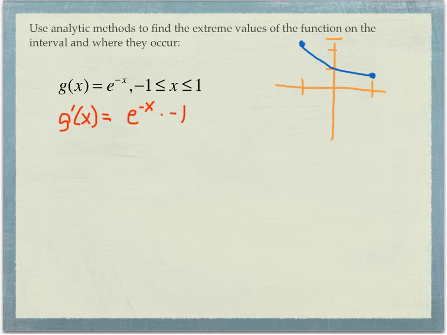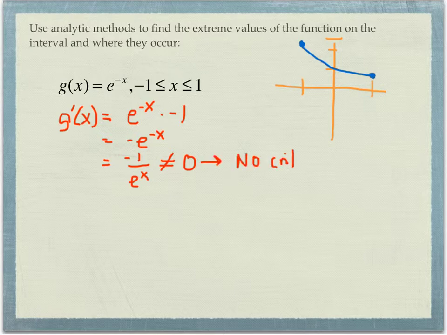So this would actually be negative e to the negative x, and another way to write that is -1 over e to the x. Now if we look at this, this is never going to be 0. Why not? Well, the denominator can never be 0, so the actual value of the function can never be equal to 0 either. So that leads us to believe that there would be no critical point in this derivative.